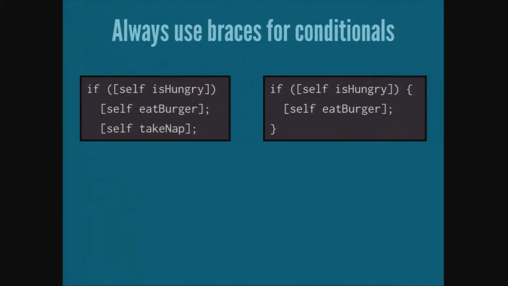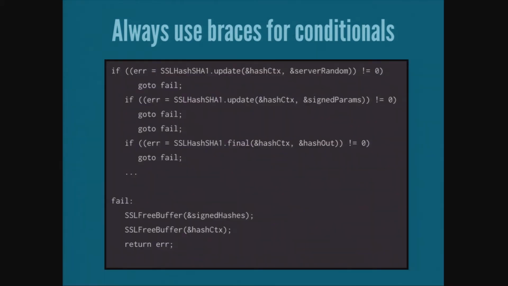So what happens if I decide I'm going to add some more logic in that if block? After I eat a burger, I need to take a nap. I've indented it 2 spaces here, but I've forgotten that I missed the curly braces there. The one on the right is bug-free. The one on the left leads to things like the goto fail bug.